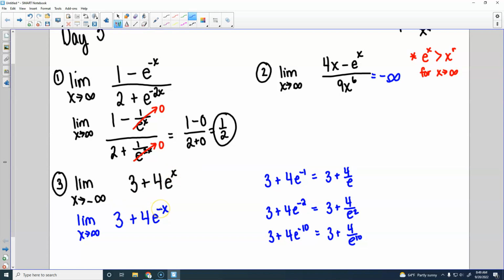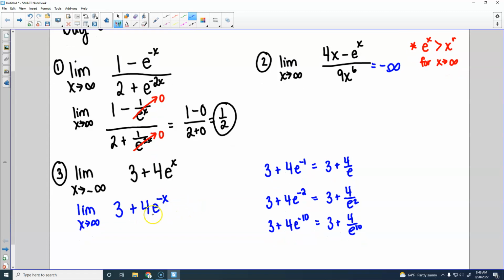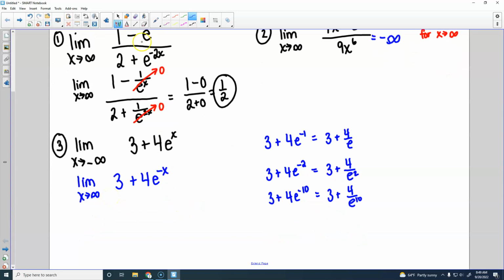If I put the negative here, as I plug in numbers, x is approaching infinity, but we would have negative 1, negative 2, negative 10, negative 100, negative 1,000,000, and so forth. So I can rewrite it like this. Then I can think of it like I did number 1. This is really the limit as x approaches infinity of 3 plus 4 over e to the x. And 4 over e to the x is going to go to 0. So we'll just get 3.